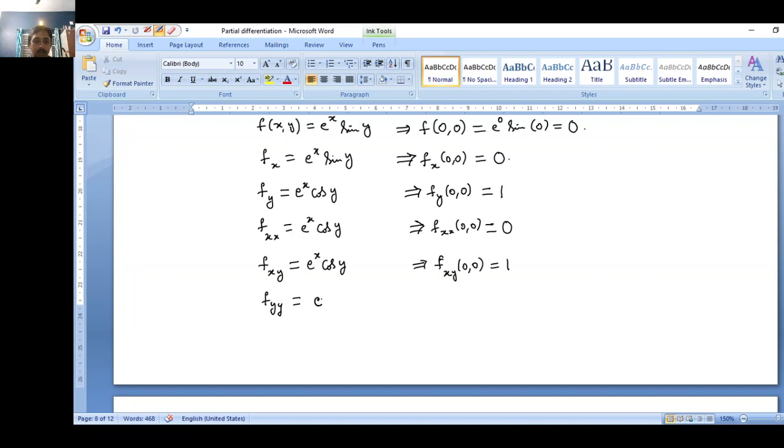fyy will be e power x into, when you differentiate cos y, you get a minus sin y. Okay, so fyy of 0, 0 will give you 0. Okay, so I'll write the other expressions as well here itself, so that I can see the previous function and then differentiate accordingly. fxxx is obtained by differentiating this function with respect to x.